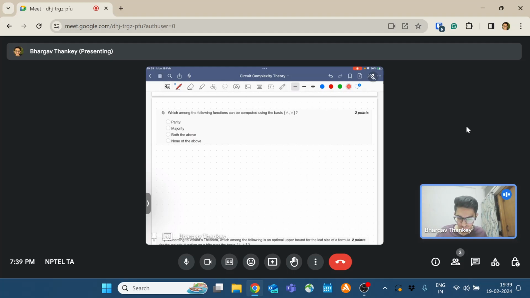The next problem is: which among the following functions can be computed using the basis AND, OR? The options are parity, majority, both, and none. Which of these is correct? Majority. And what is the reason that majority can be computed but parity cannot be?